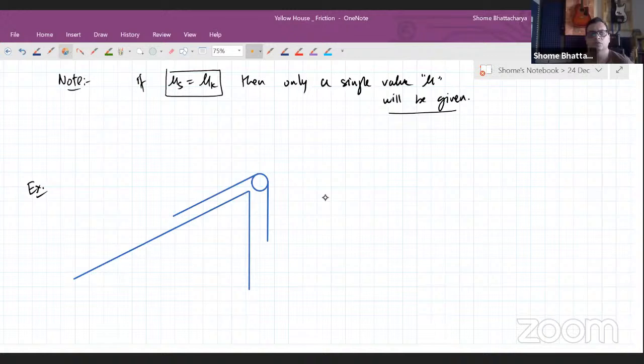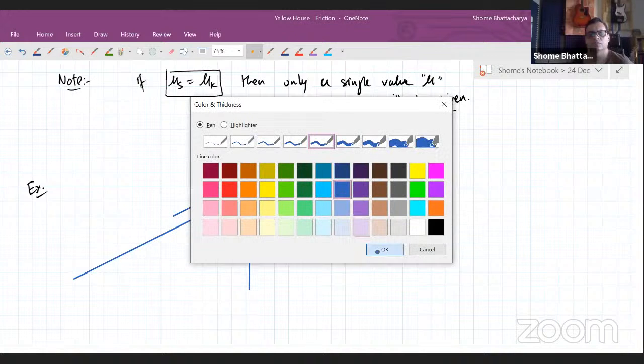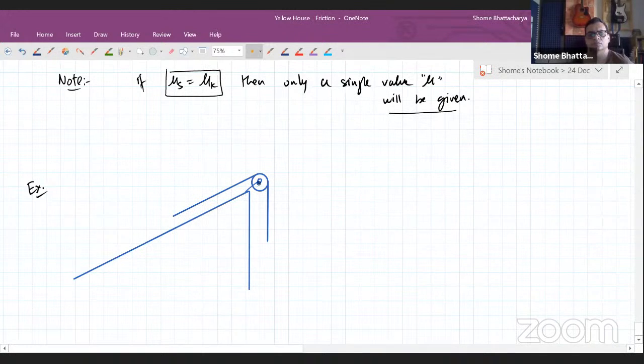This kind of system of blocks. So this inclined plane is again at theta equal to 37 degrees.